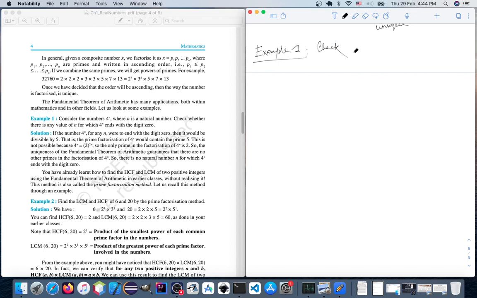The question is, check whether for any natural number n, the number 4 to the power n ends with the digit 0.